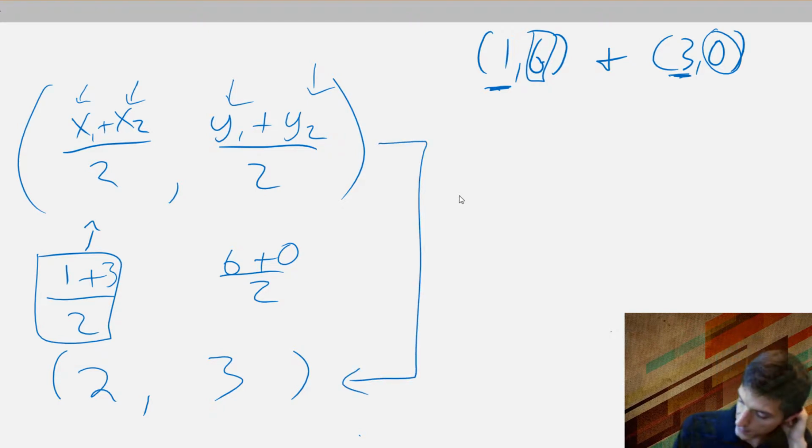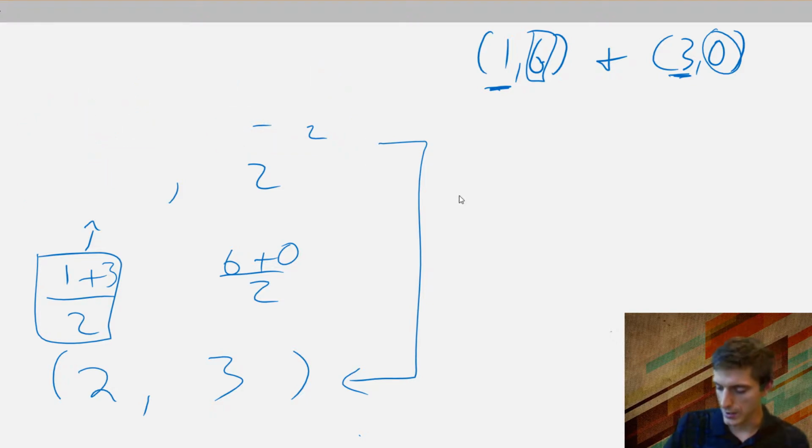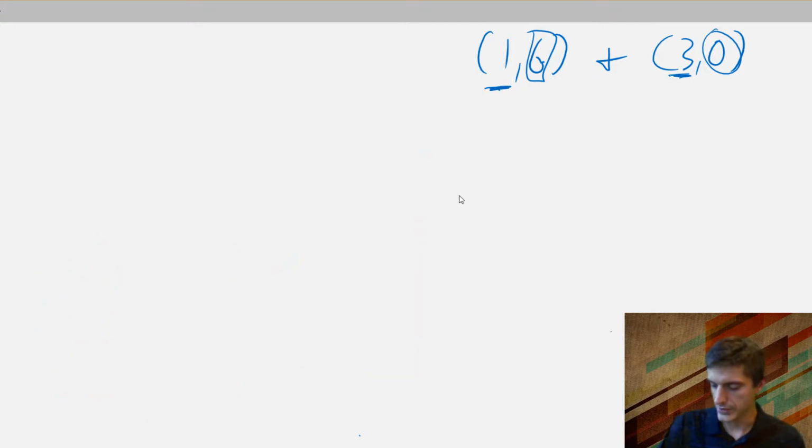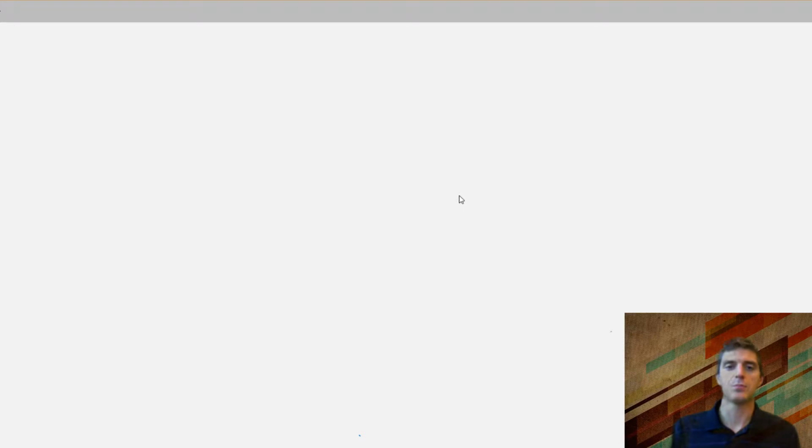Now, if you're thinking that this way takes way more time, you're not wrong for this example. You know, that was a pretty simplistic example.